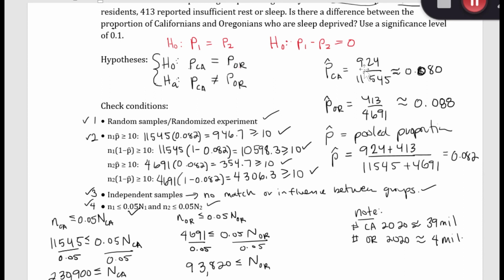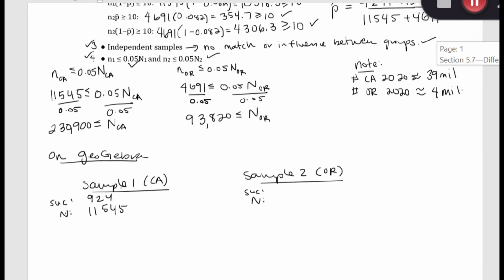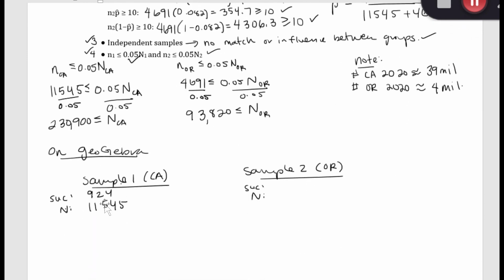So you can see that this is what we always have to put into our GeoGebra, because those are the evidence we have. Similar for sample 2, Oregon, we had 413 that were sleep deprived out of 4,691.